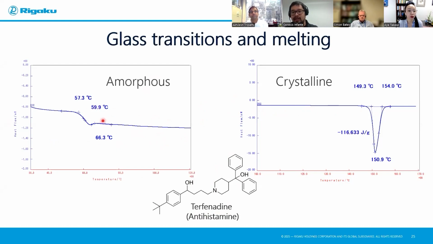A glass transition is a signal that is very common for amorphous characteristics, while a sharp melting is typically associated with crystallinity.